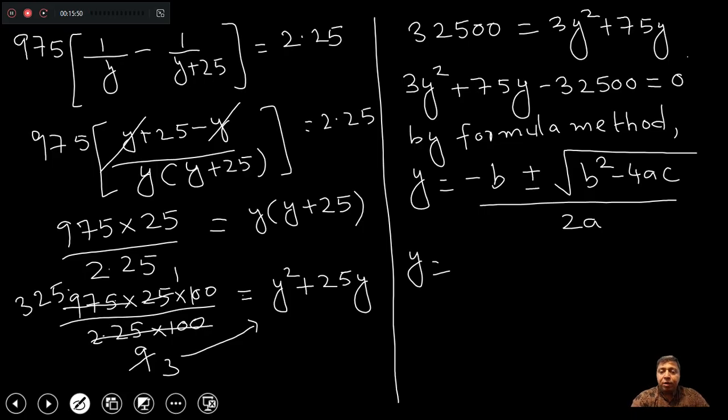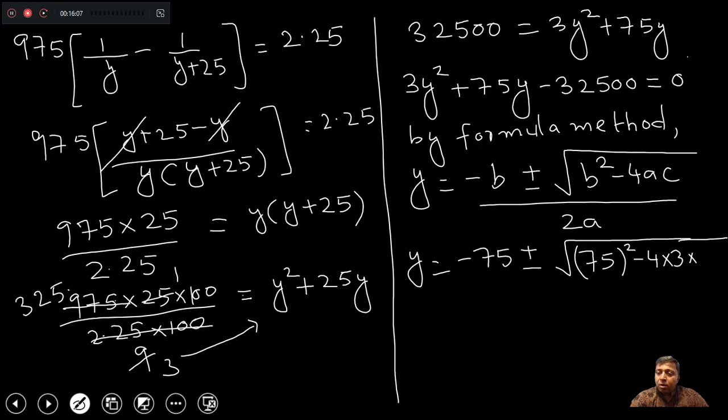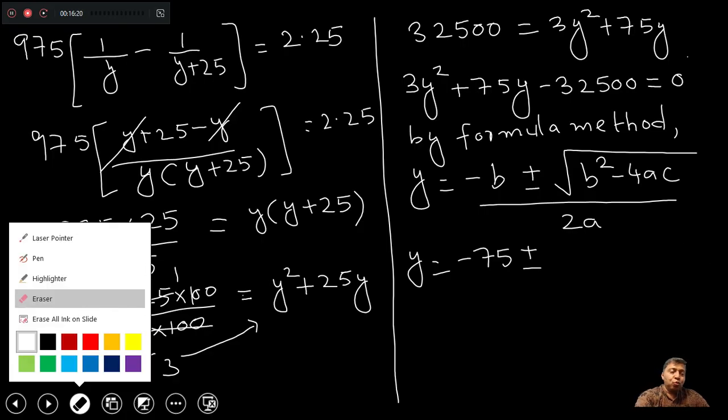Now put the values. So b is 75. So that becomes minus 75 plus square root of 75 square minus 4 into a is 3 times minus 32,500. Let's make space. To make space, I need to erase everything.